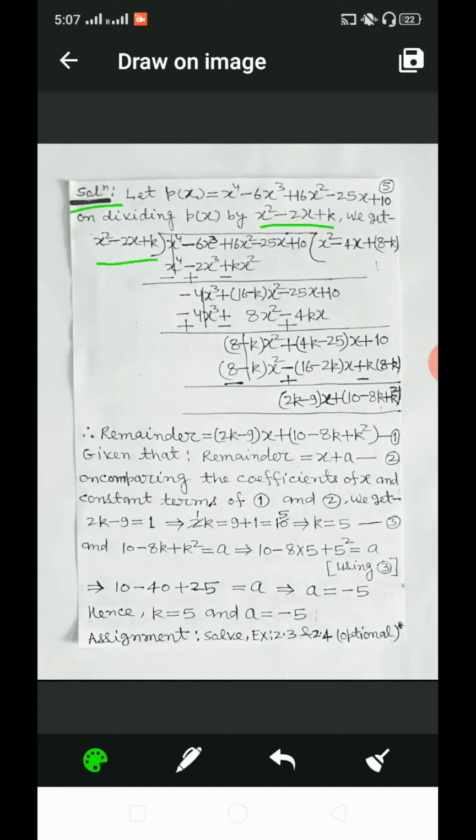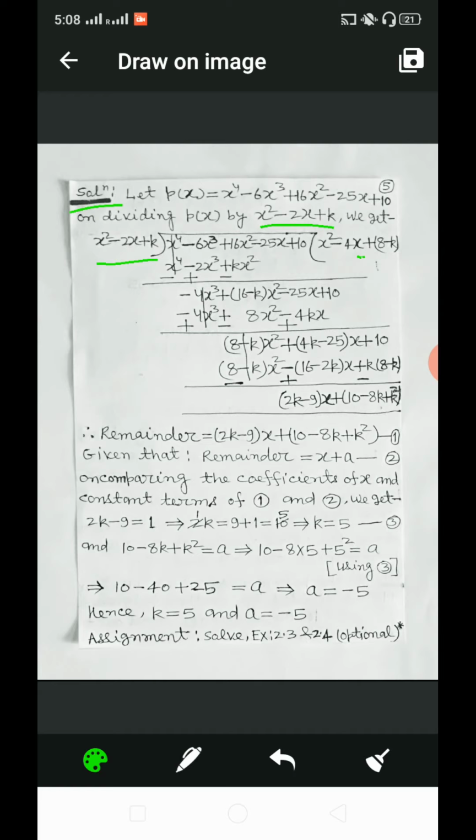The first term is minus 4x cube, so we take the quotient as minus 4x, and it is multiplied by x square minus 2x plus k. We get minus 4x cube plus 8x square minus 4kx, and after changing the sign of these terms and solving, we get (8 minus k) into x square plus (4k minus 25) into x plus 10.